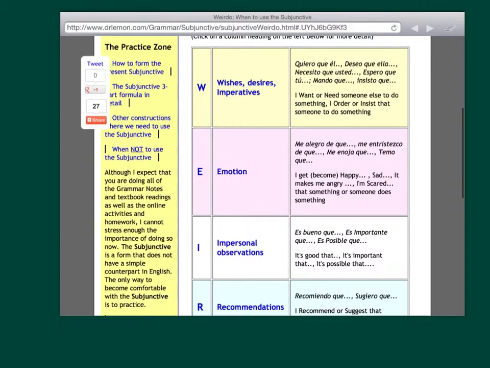Let's look at the W. It has to be either a wish, desire, or imperative, like a command, if you were commanding someone to do something. So, I want that you take out the garbage, or I need him to do this for me, or I mandate that you get this done.